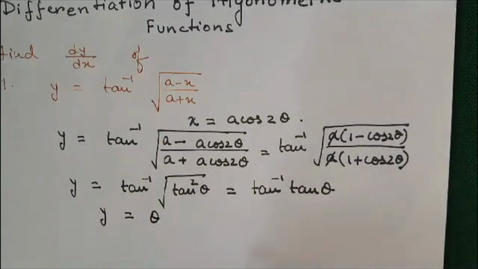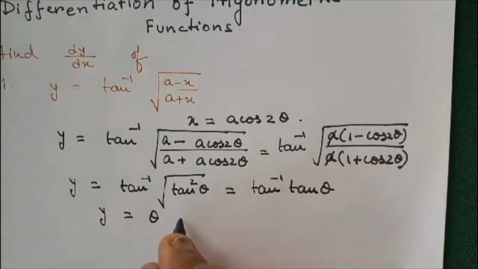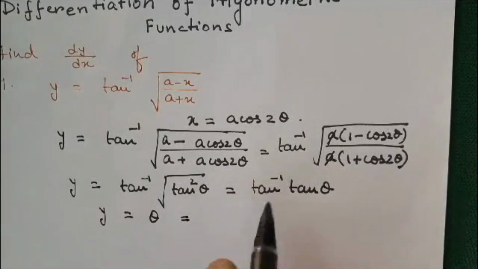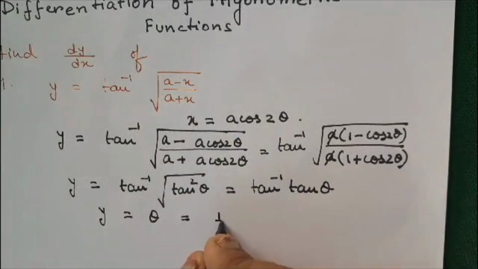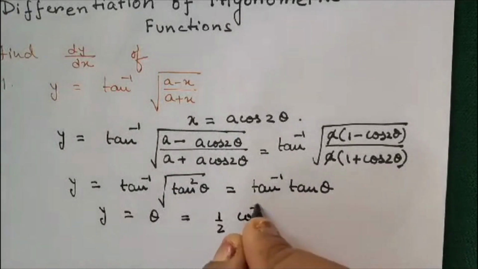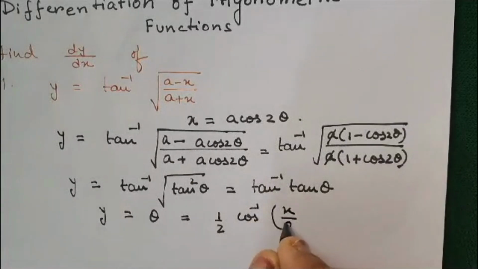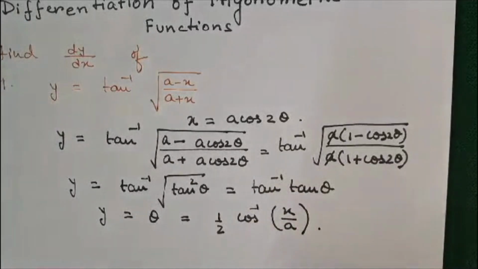And what is your theta? Theta is equal to half cos inverse of x by a. This is your theta. Okay. Now I will differentiate this.